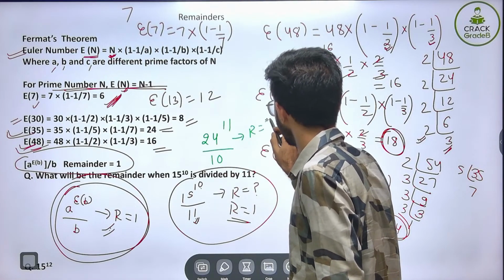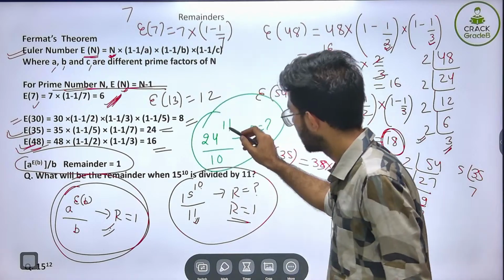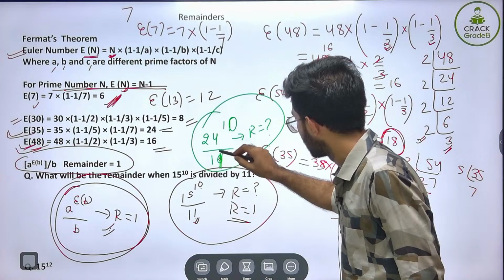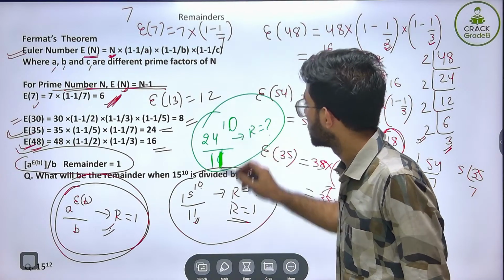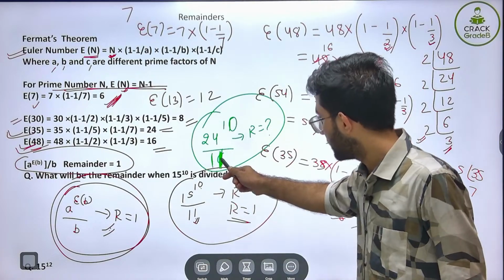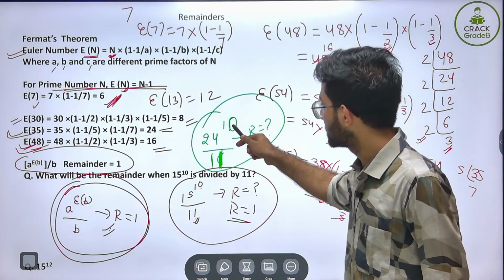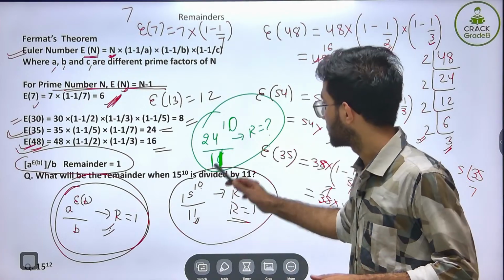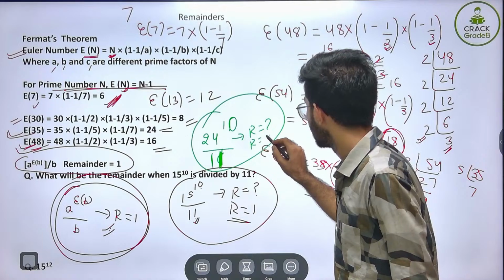Sorry, this is 10 and this is 11. You are dividing 24 to the power 10 by 11. Now 11 is a prime number, and this 10 is the Euler number of 11. It means that the remainder will be equal to 1.